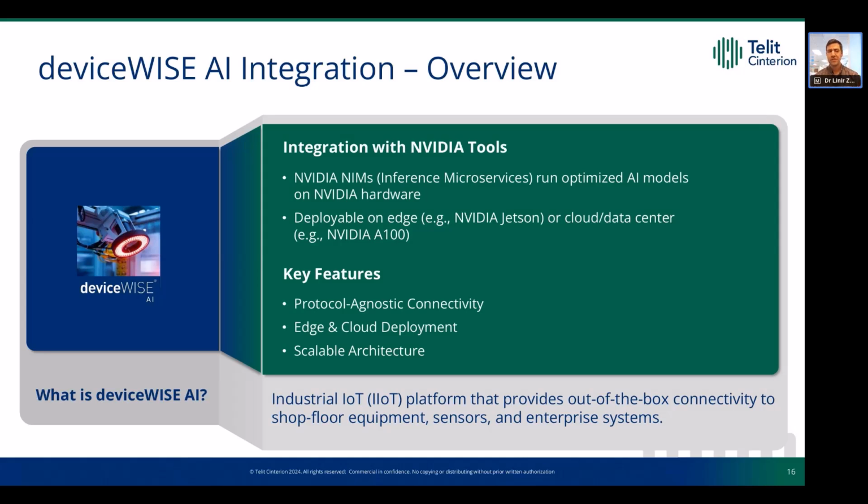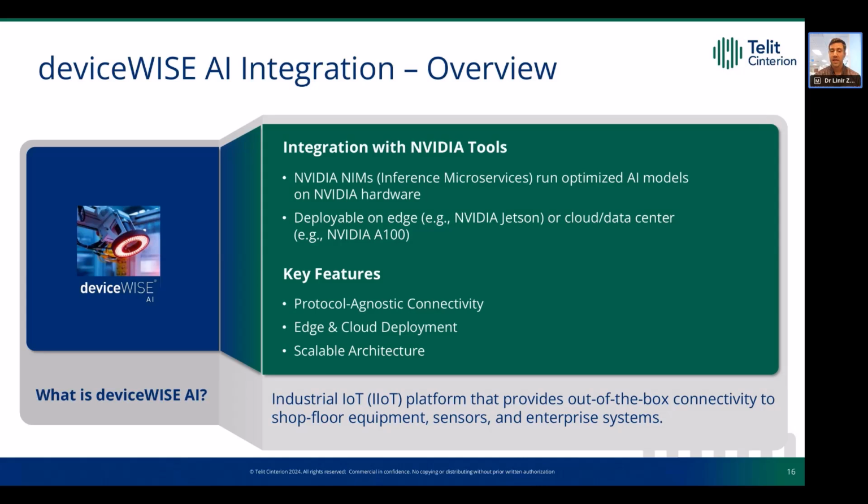And some of the key features that deviceWISE AI provides is protocol agnostic connectivity. We have drivers for so many different PLCs, robots, tools in the factories, and the transformer can see all this data coming from the tunnel of deviceWISE and basically analyze all of that information through this protocol agnostic connectivity. deviceWISE offers edge and cloud deployment.